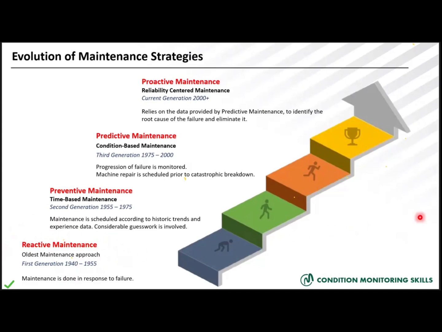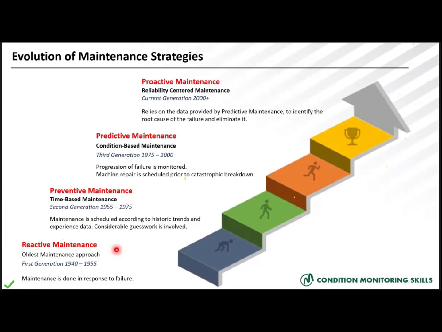This one was pre-1940s. Before the 1940s, the maintenance was mainly reactive maintenance. What is the meaning of reactive maintenance? Simply, reactive maintenance is focusing on fixing the equipment only after it broke down, only after failure.